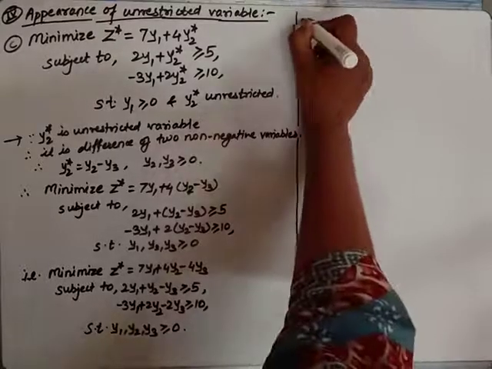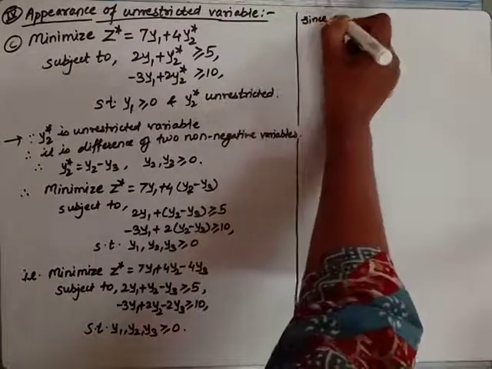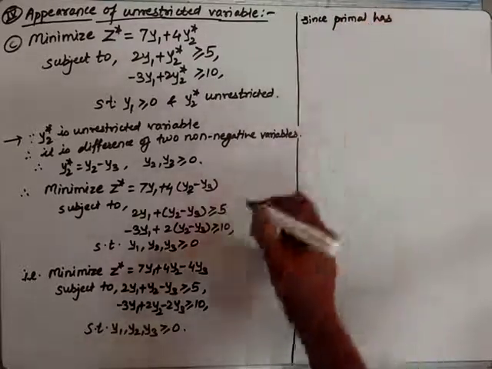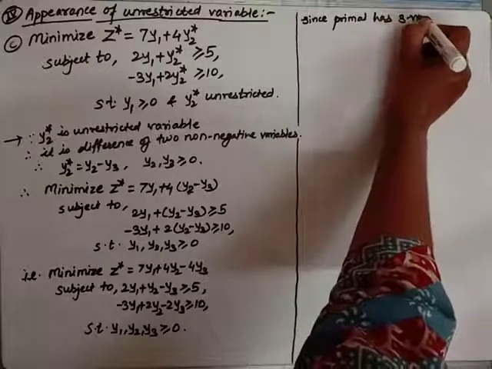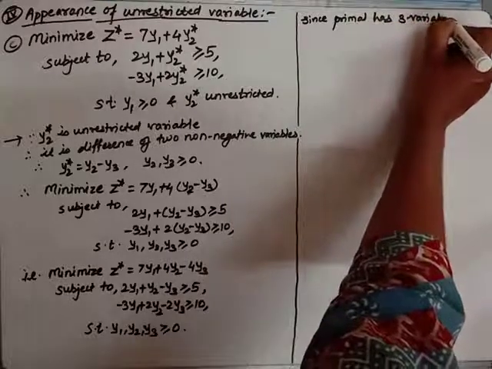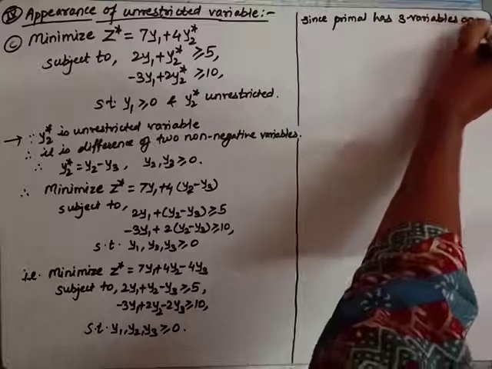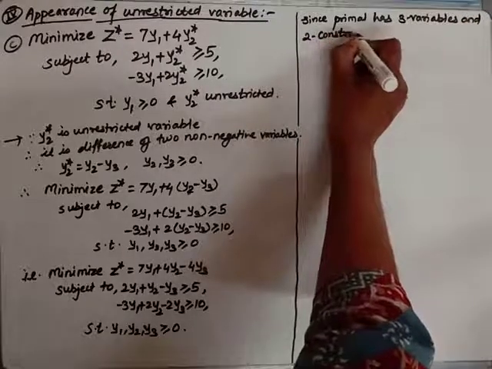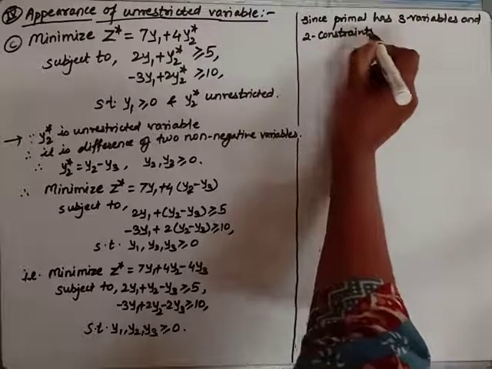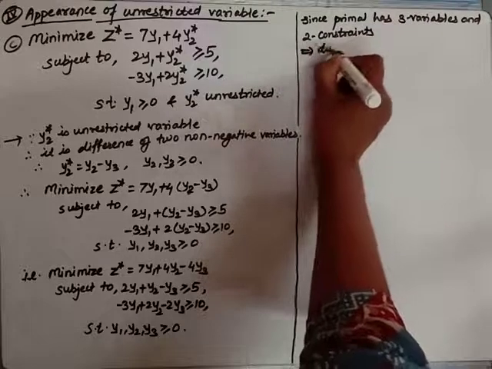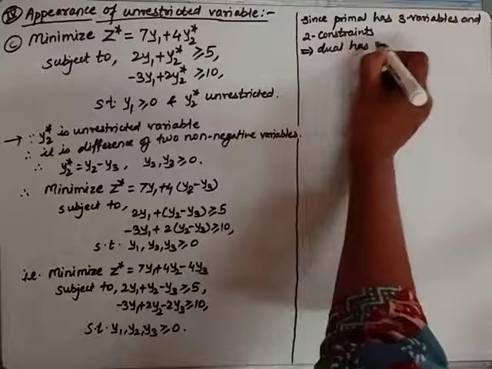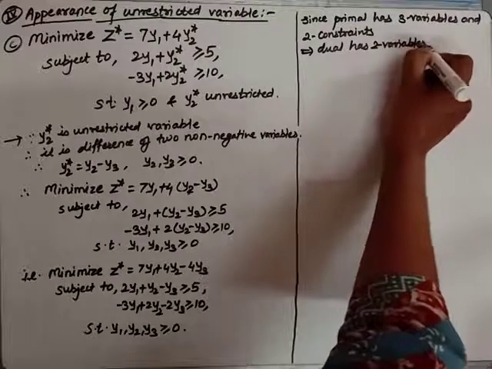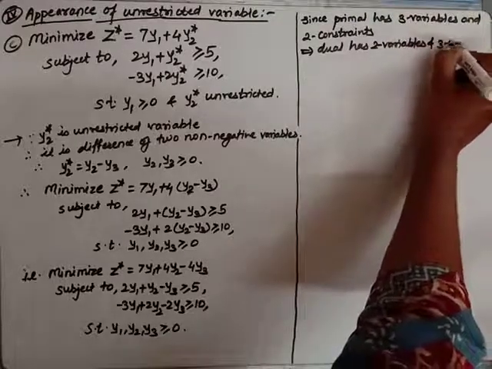Here let me write, since a primal has 3 variables and 2 constants, this implies the dual has 2 variables and 3 constants.